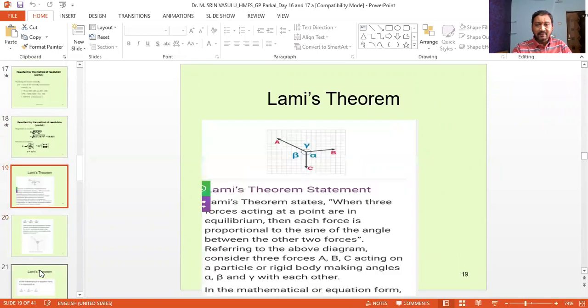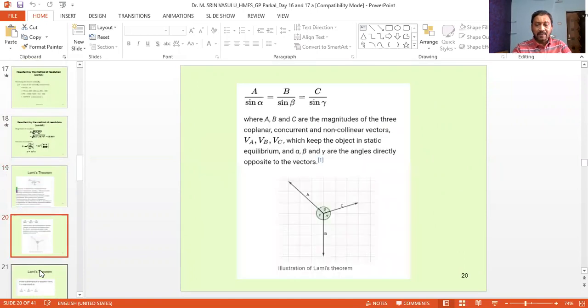Lami's theorem we have also studied, and we know that Lami's theorem is applicable when three forces are acting and are in equilibrium. In that case each force is proportional to the sine of the angle between the other two forces.